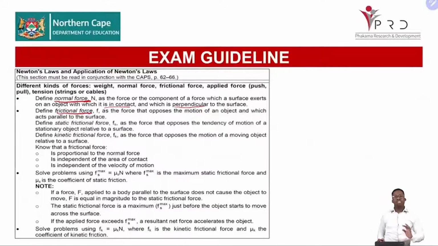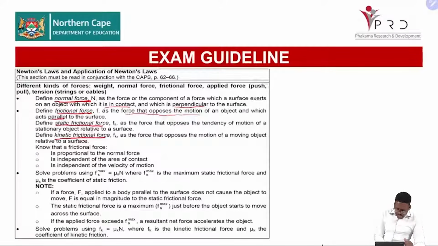Remember we said there are 5. It is the frictional force. What is frictional force? It is the force that opposes the motion of the object and which acts parallel to the surface. Frictional force is divided into 2: static friction and kinetic frictional force. What is static frictional force? They have defined for you.